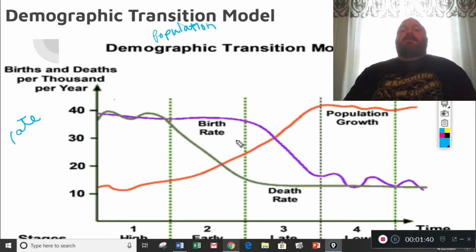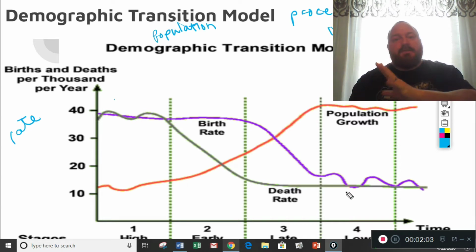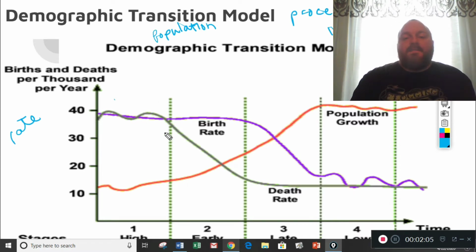What the demographic transition model shows is the process of industrialization. So as we industrialize as a country, we see predictable patterns happen within our growth. As they studied these countries that have undergone transitions from a pre-industrial society to a post-industrial society, they found that every single population has shown almost exactly the same trends.